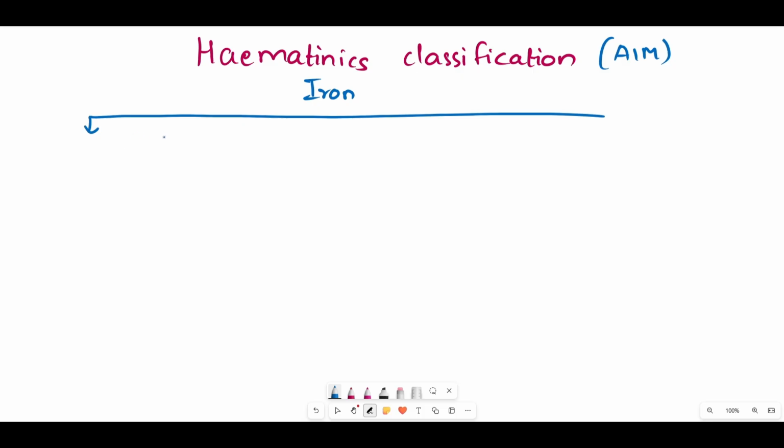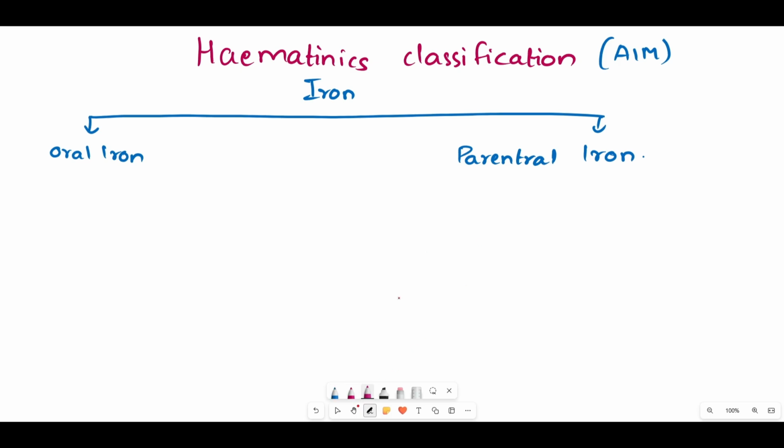So one is oral iron, other one is parenteral iron. One is oral iron, one is parenteral iron.